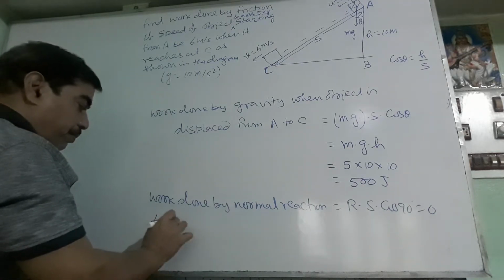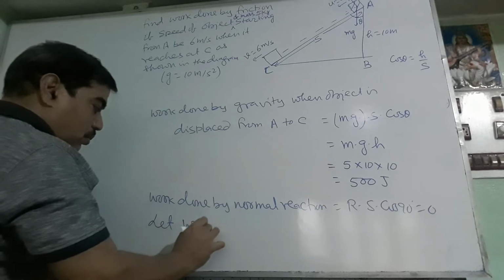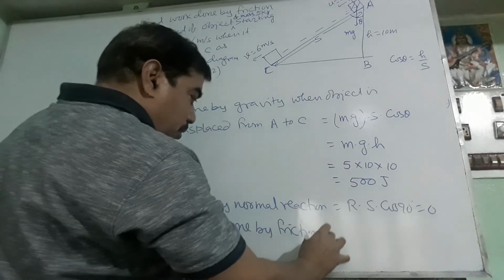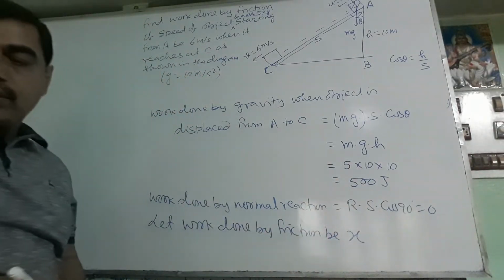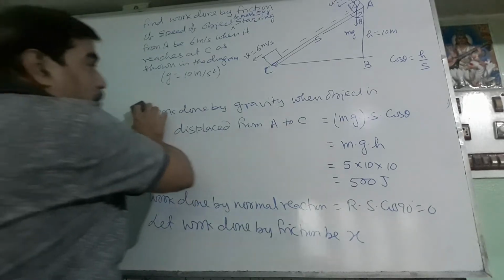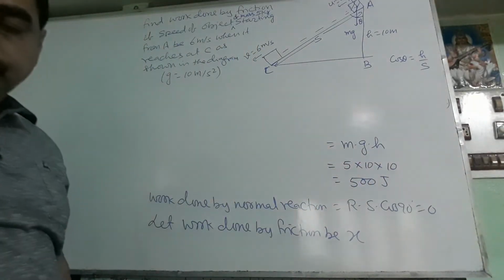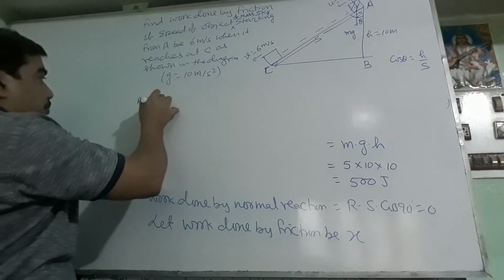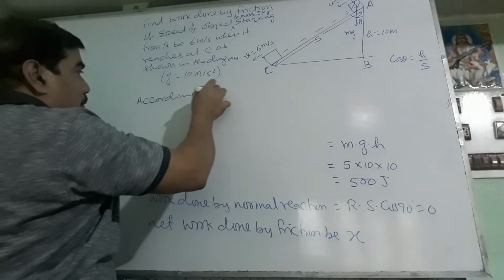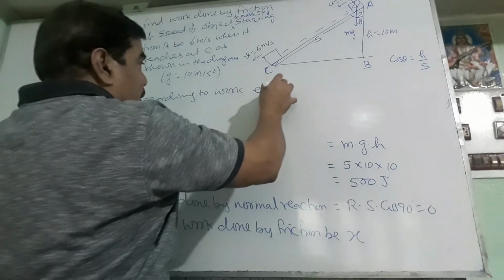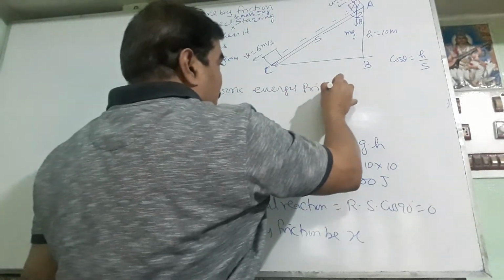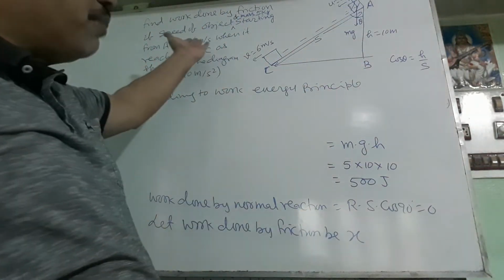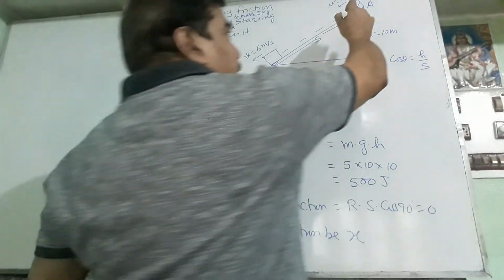Now work done by friction we have to find. Let the work done by friction be x. As the surface is not smooth, there is friction, and it is acting on this side.